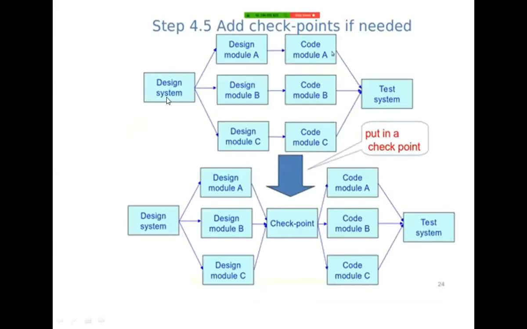We have started design system. Here we want to insert a checkpoint. Why do we insert the checkpoint? Here design system is split into module A, module B, module C. Then each module is split into different code, code A, code B, code C.